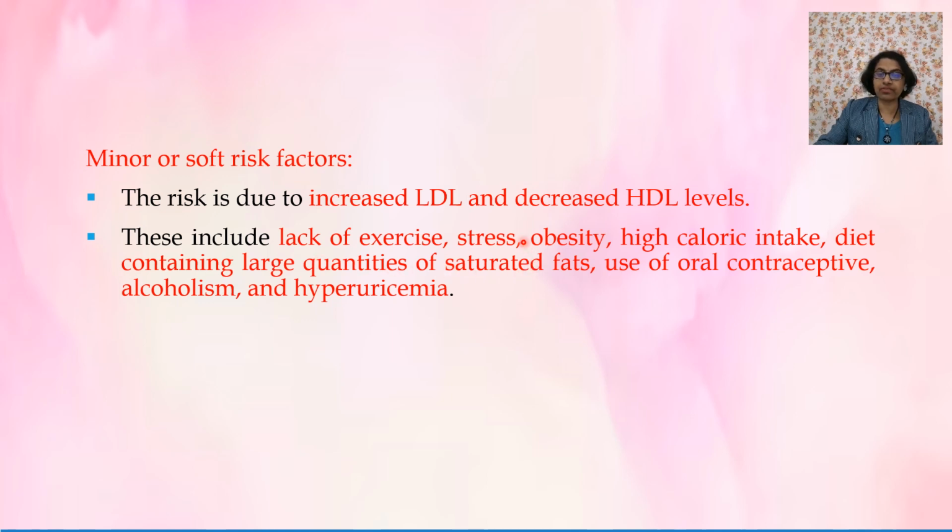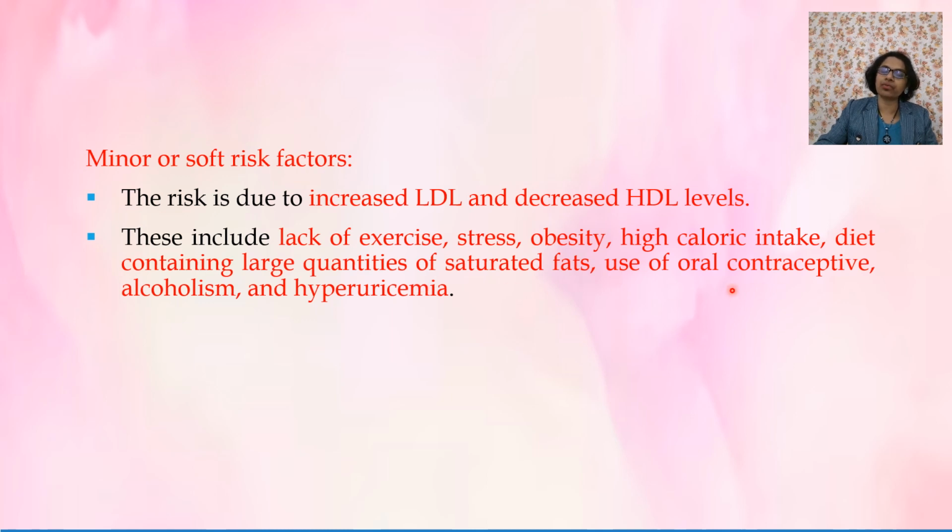The person may be frequently undergoing stress, obesity, and high calorie intake, a diet containing large quantities of saturated fats, use of oral contraceptives, alcohol consumption, and hyperuricemia. We all know lack of exercise, stress, obesity, and a diet containing large quantities of saturated fats.